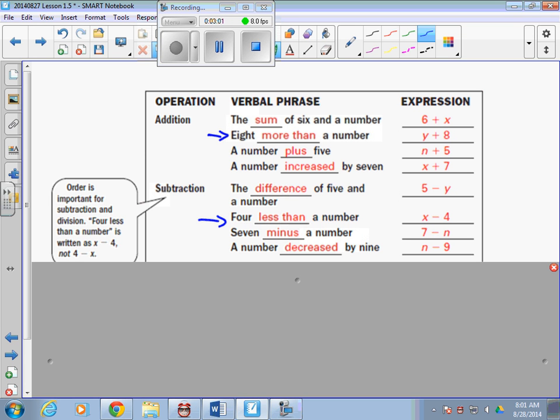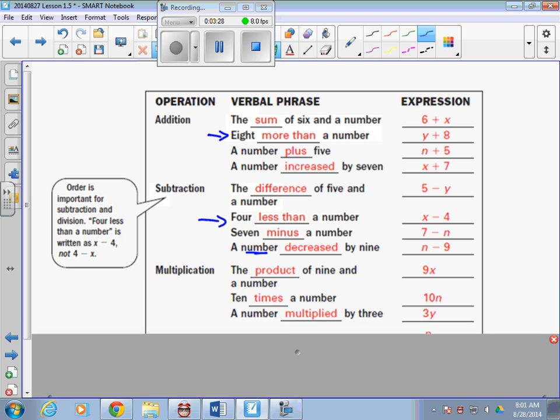The first one, the difference of 5 and a number: 5's first, and then the number second. So 5 minus that. 7 minus the number: 7's first, and then the variable second. A number decreased by 9: a number, the one you don't know, so N, decreased, subtracted by 9. Less than and more than are just written backwards. That's the one that people get confused with.